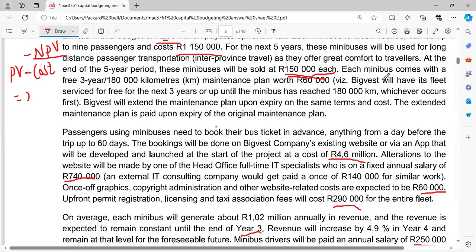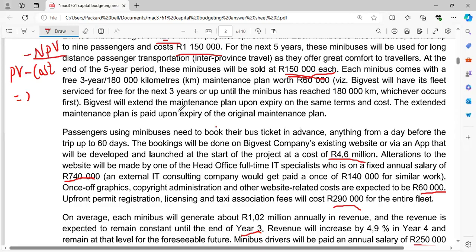Then they say each minibus comes with a free 3-year maintenance plan worth 60,000. Right, Vest will have its fleet serviced for free for the next 3 years or up until the minibus has reached 180, whichever occurs first.